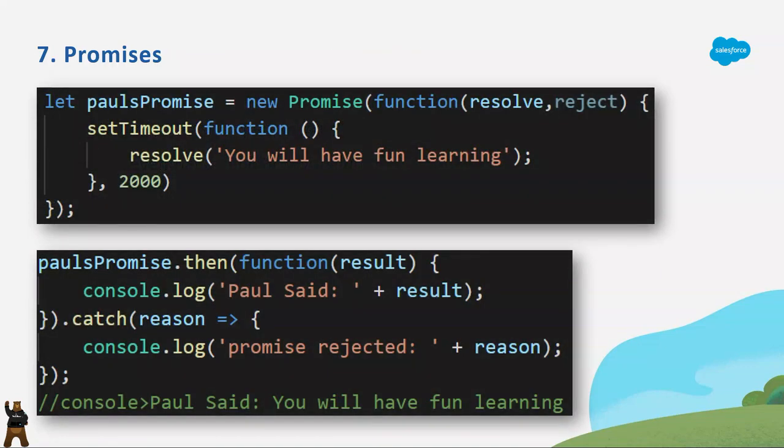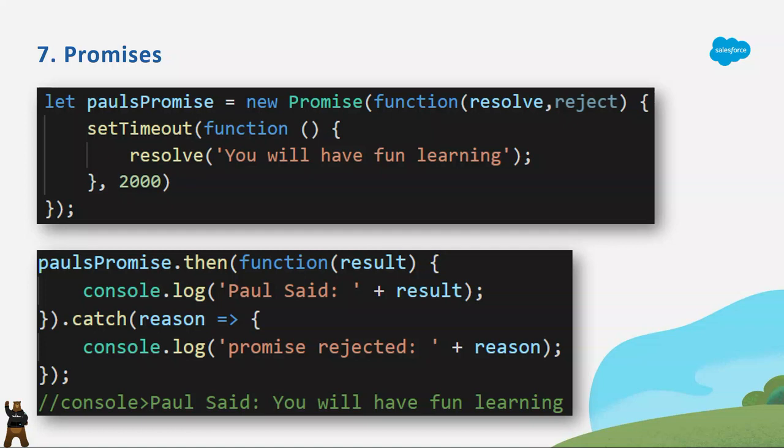So we have some sample code, and it's very, very basic promise code. And one thing to note is Promise starts with a capital P, so don't spend 8 hours with, you know how JavaScript is, right? So in this example, we're creating a new promise. Paul promises that you will have fun learning. And when you see the handler for it, you see a .then.